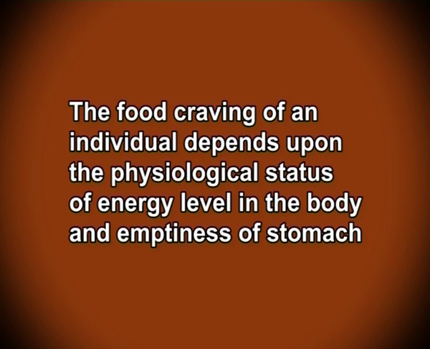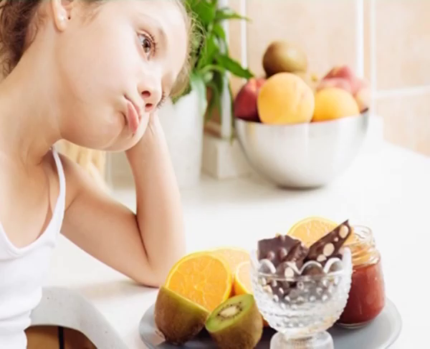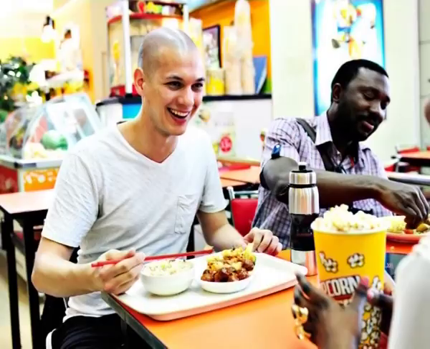The food craving of an individual depends upon the physiological status of energy level in the body and emptiness of stomach. Mood. It refers to the psychological status. Surroundings. It refers to the locations and ambience where the food is being served or being eaten, for example, home, canteen, picnic.